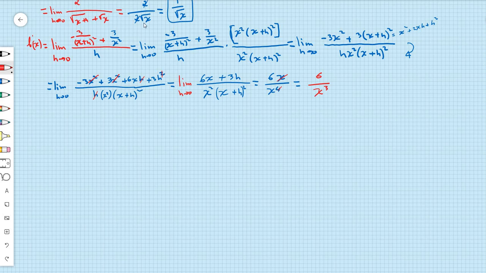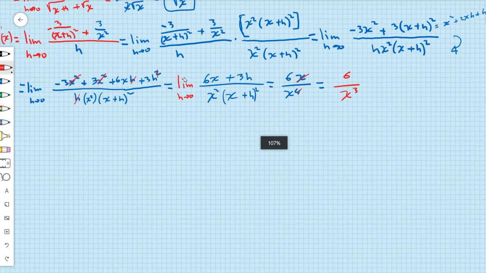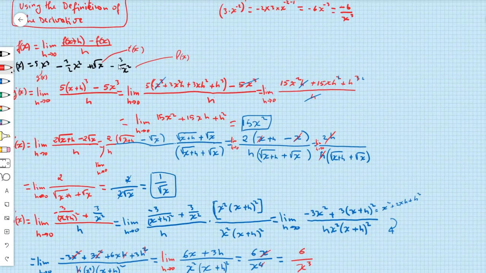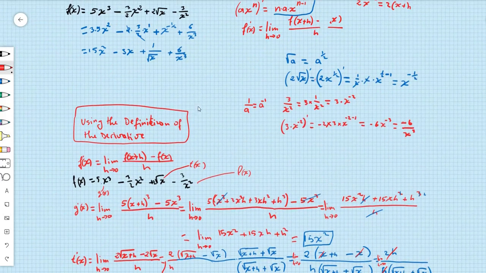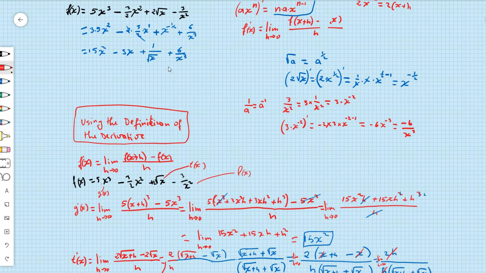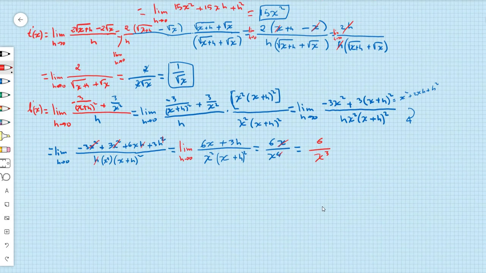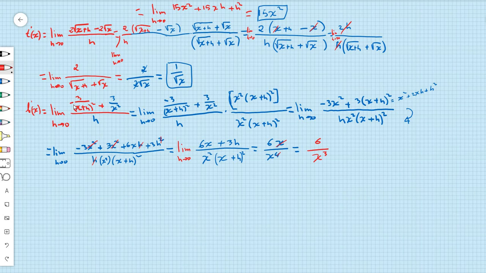And that's exactly what we got in our previous answer right here. So all right, well, that's it. That's how you use the derivative formula to solve derivatives.